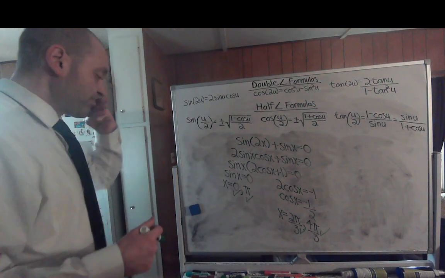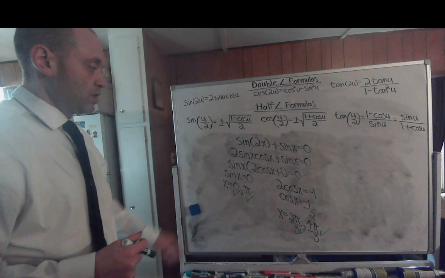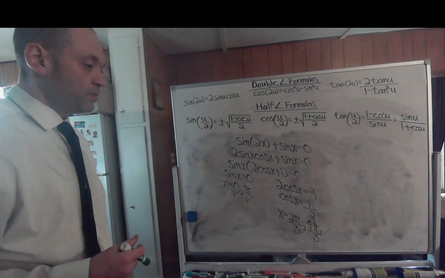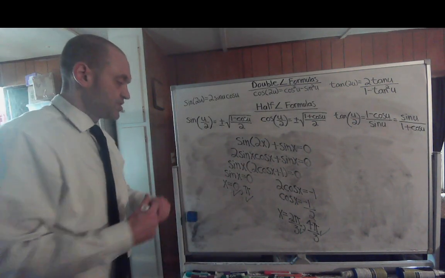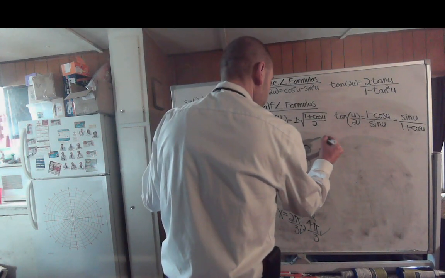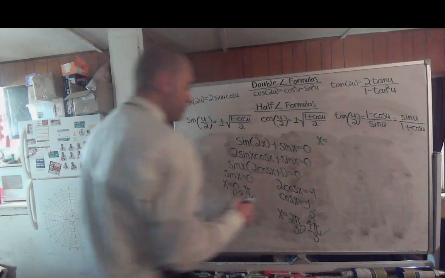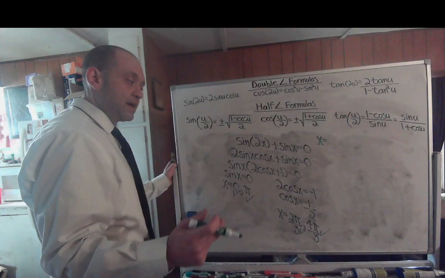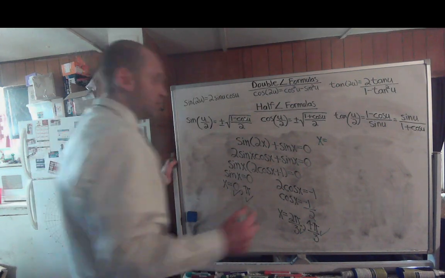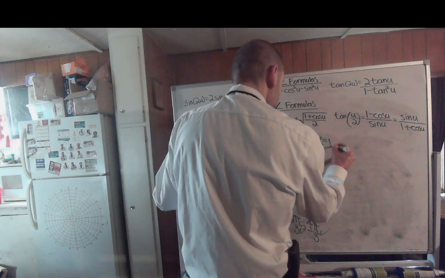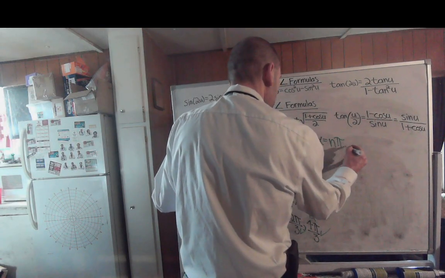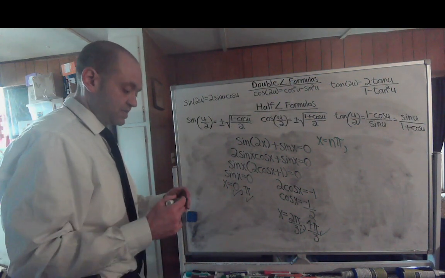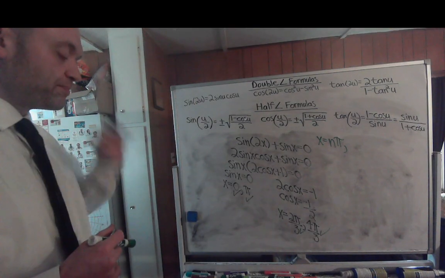So we know 0 and pi work. So honestly, we can just go for our solutions. For the general form, we can say x equals 0 plus n pi, because every single pi you get a sine of 0. So 0 plus n pi would just simply be n pi. That accounts for both 0 and pi of our solution sets. Now, what else?